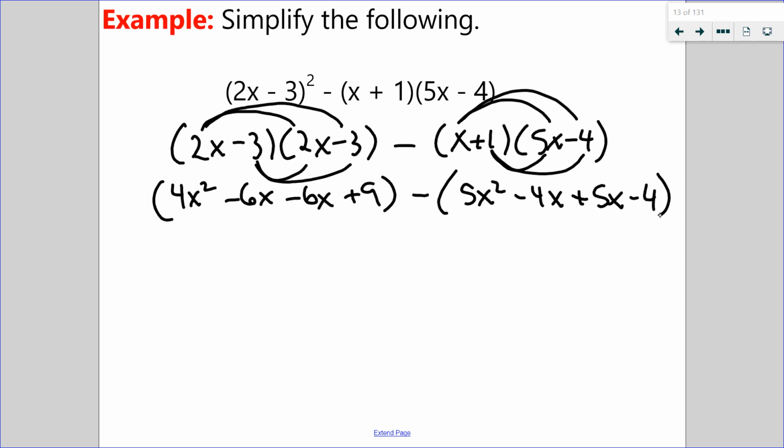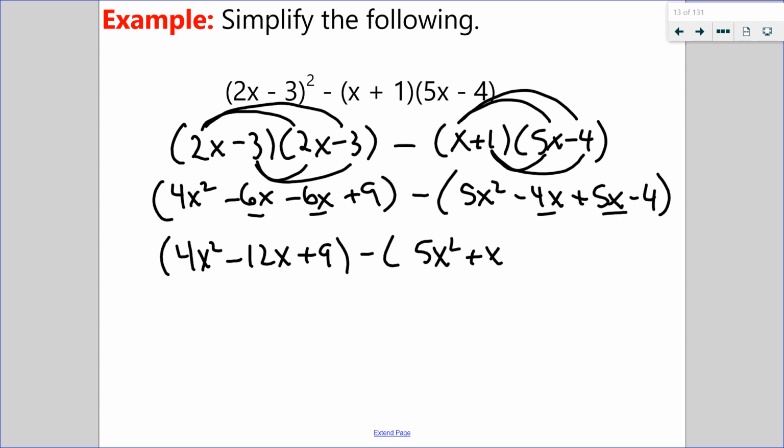Okay, so let's tidy this up a little bit. Grouping my like terms. If I have negative 6x and I add another negative 6, I altogether have negative 12x. Over here, 5x squared. If I have a negative 4x and a 5x, I have x and then minus 4. So now I'm going to subtract, and I'm subtracting term by term.